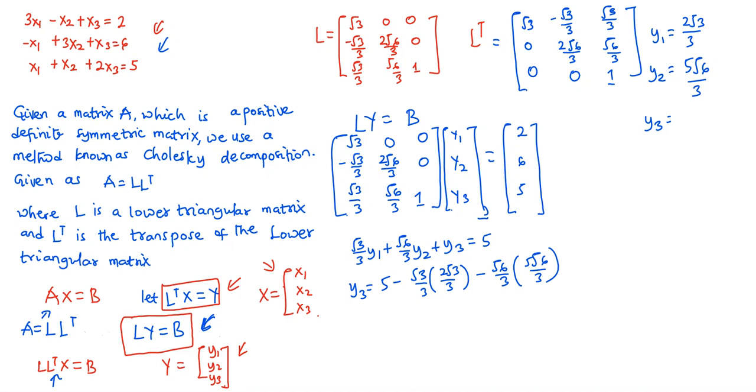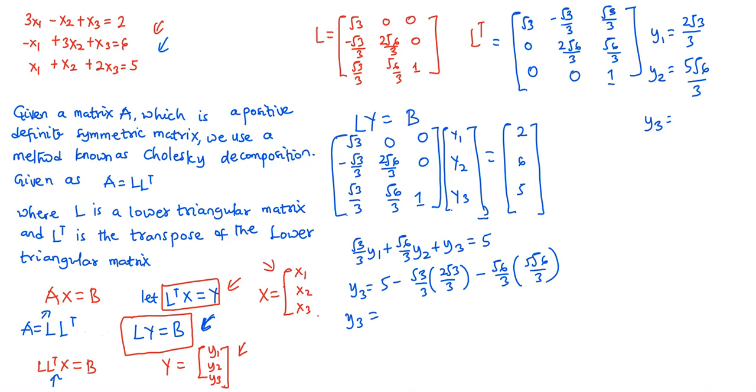Let's simplify this. We have 5 minus square root of 3 on 3 multiplying 2 root 3 on 3, minus square root of 6 on 3 multiplying 5 root 6 on 3.